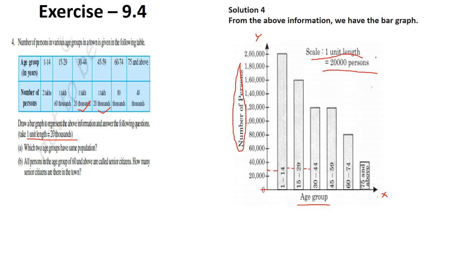Fourth is the age group 45 to 59, also 1,20,000. Age group 60 to 74, 80,000. See, this corresponds to 80,000. And 75 and above, 40,000.